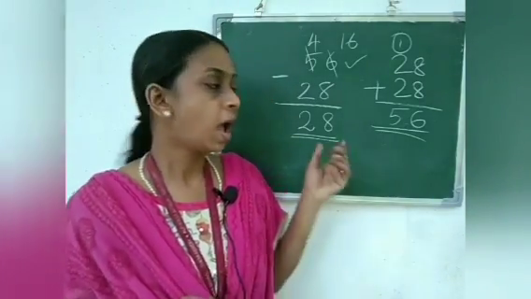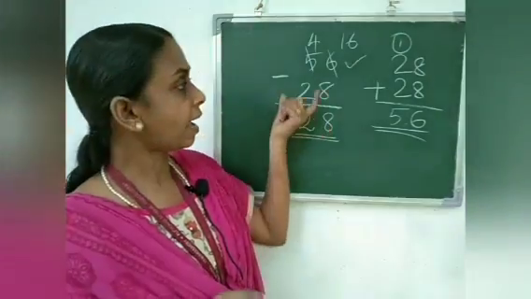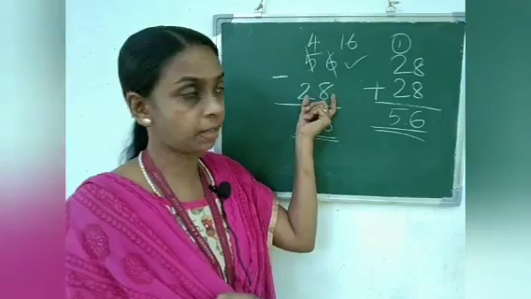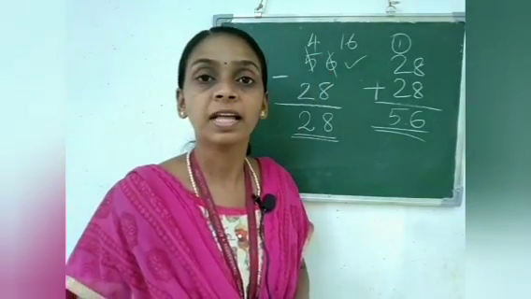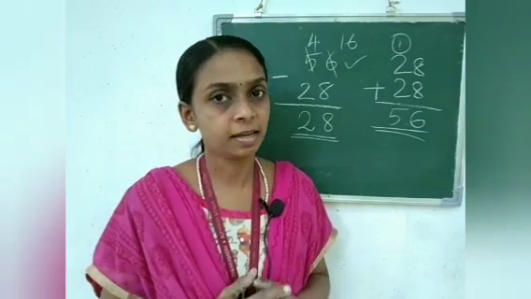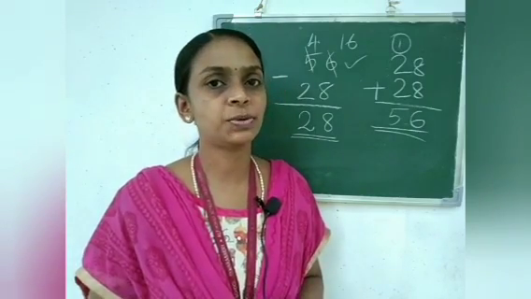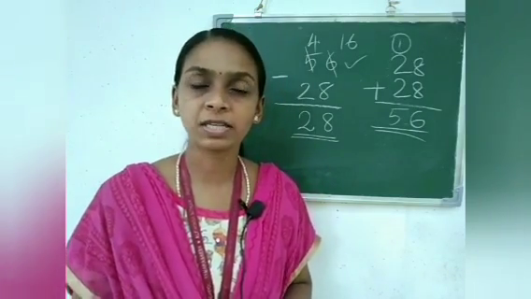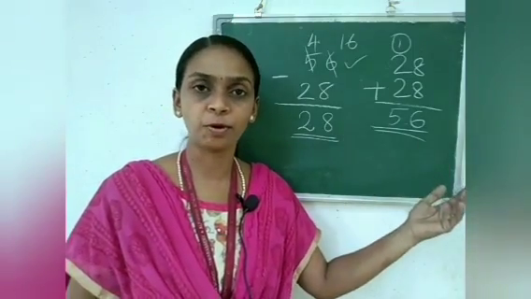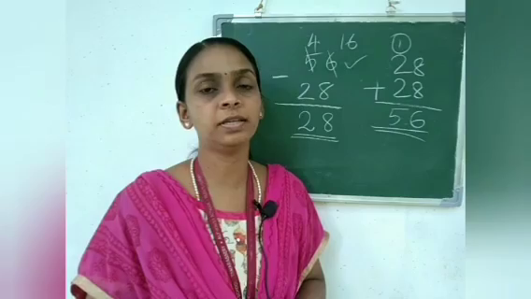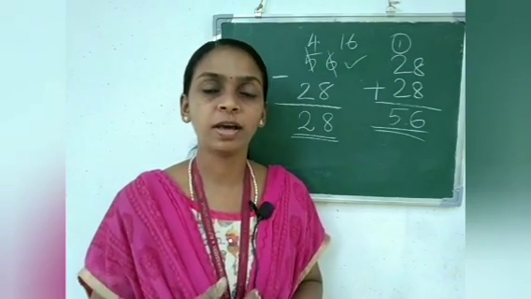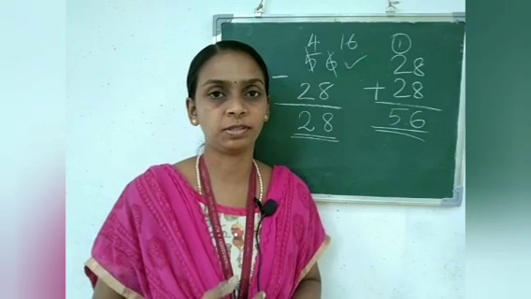We add the answer and the smaller number, then we will get the biggest number, and then we conclude that our answer is correct. So I think all have understood that addition and subtraction are related. By this method, we can conclude that our subtraction problem is correct. I think all have understood this portion.